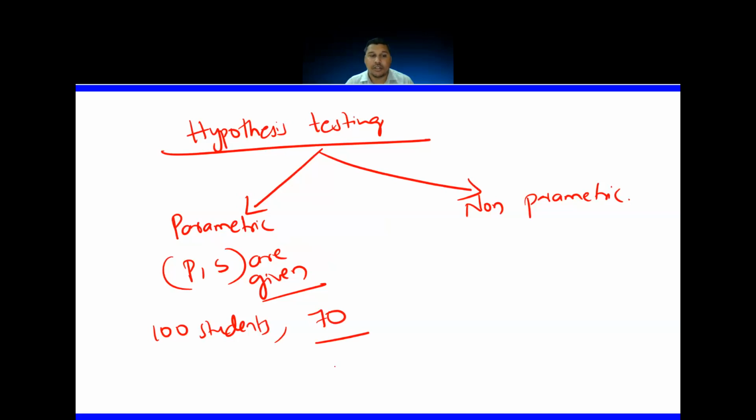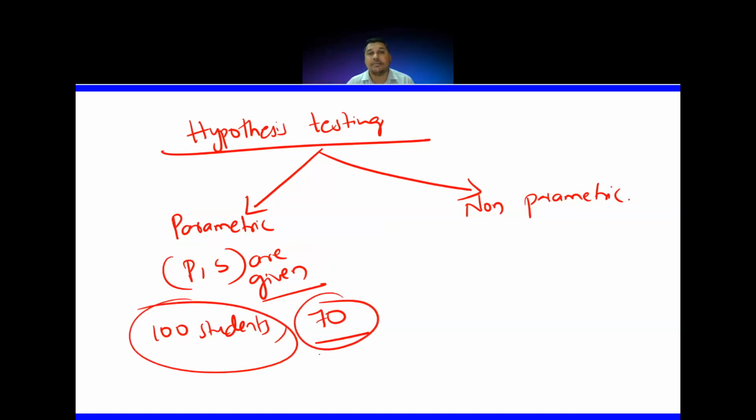They told us this as the information. So he is making a claim that for 100 students, the average is 70. As a teacher, I am making a claim that it is 70. You want to test whether it is really 70 or not.